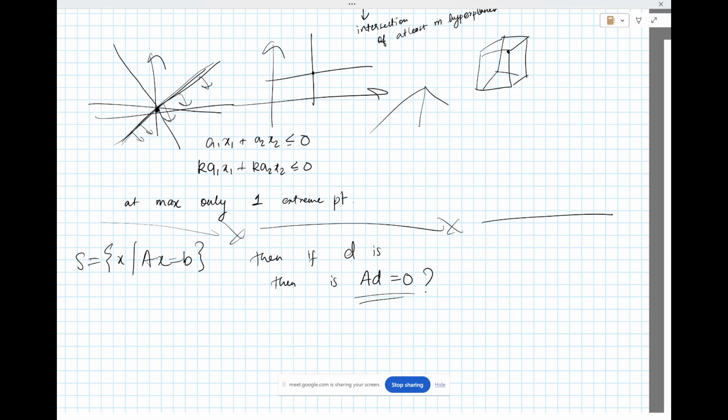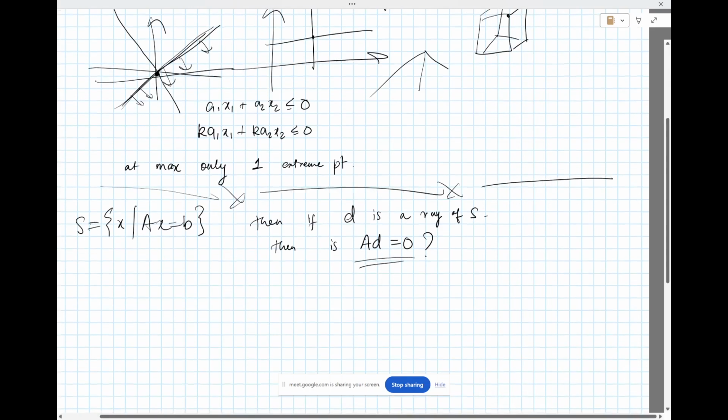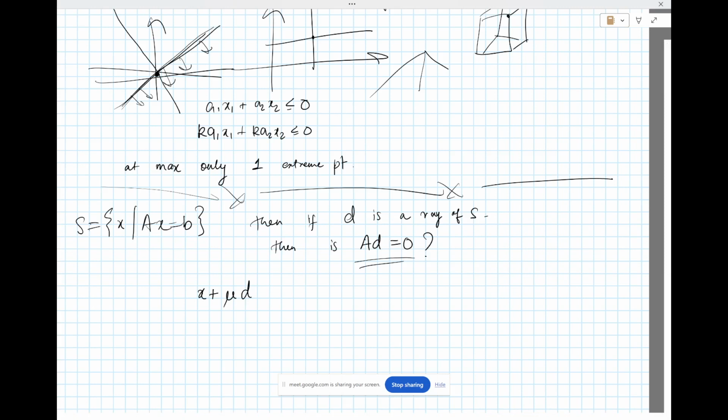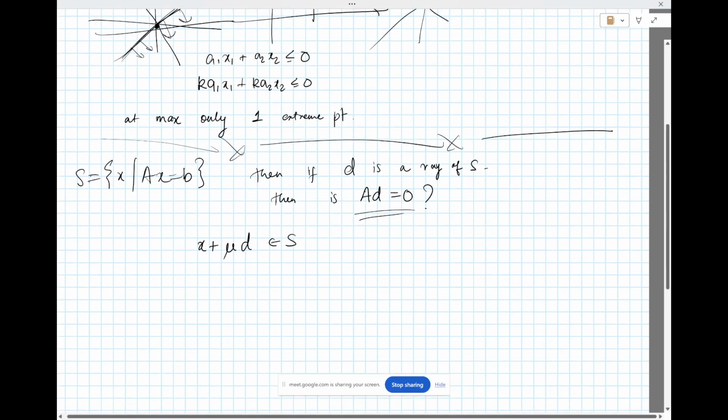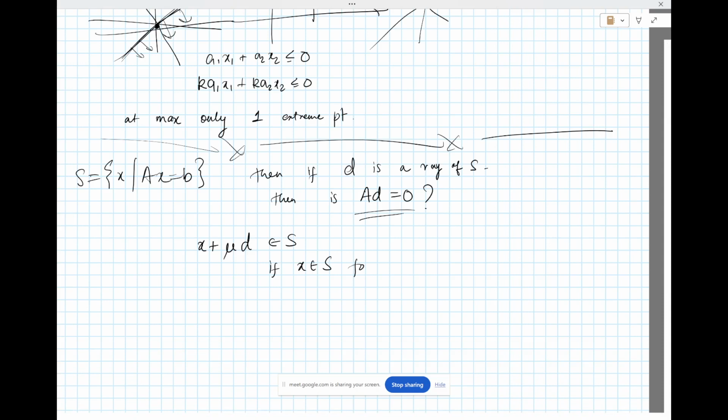If D is a ray of S, what is the definition? That I take any x plus mu D that is also in S, if x is in S for mu greater than or equal to 0, right? That is the definition of a ray.